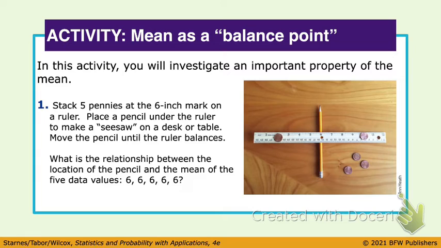All right, so we've got our 5 pennies balanced. It says here we've got all 5 pennies at the 6, and hopefully you are able to get your ruler to balance. What is the relationship between the location of the pencil and the mean of these 5 pennies that are all at the 6 mark?